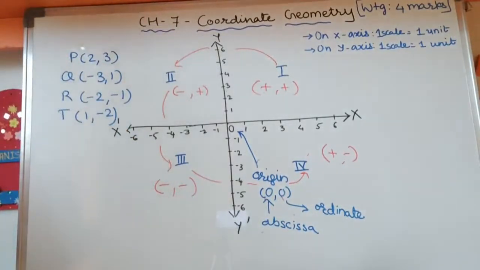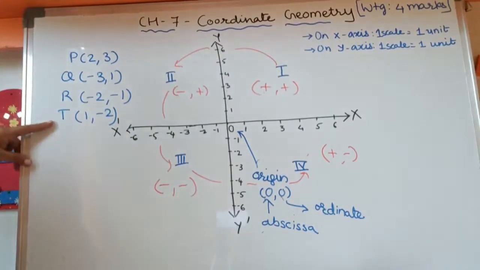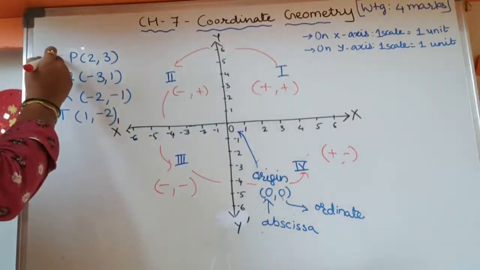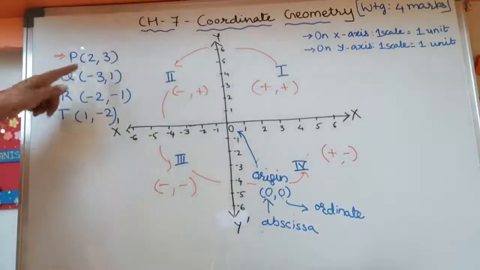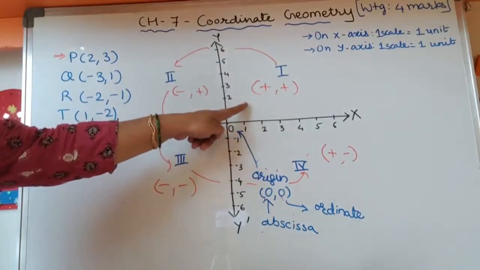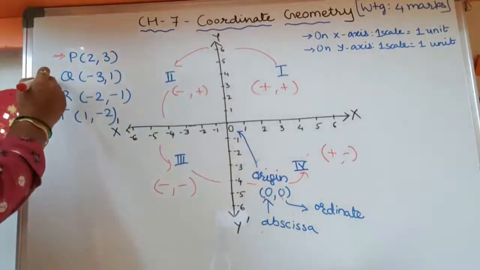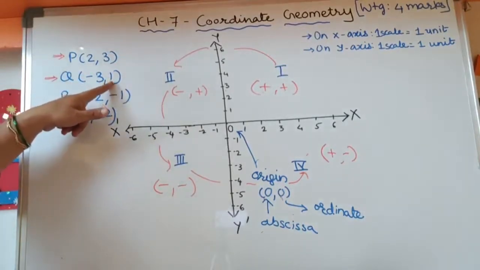All these 4 points, if anyone would like to plot, then you must have knowledge about quadrants. We can say that for point P, both coordinates are positive, so it will be located in the first quadrant. In Q, the x coordinate is negative, so the abscissa is negative and the ordinate is positive.